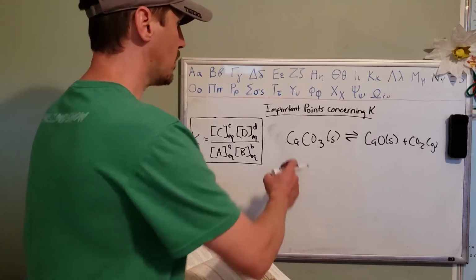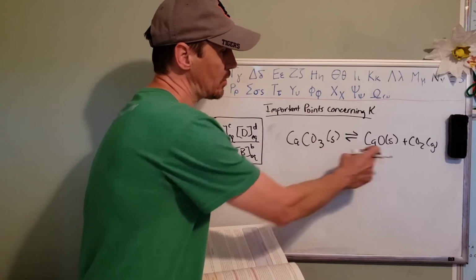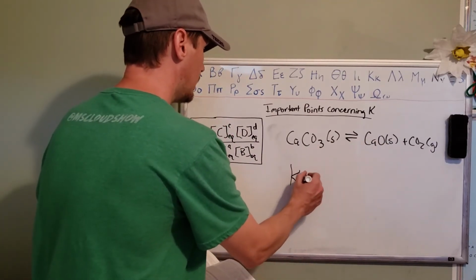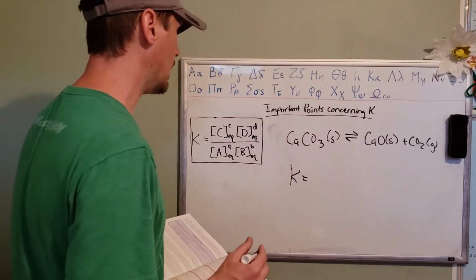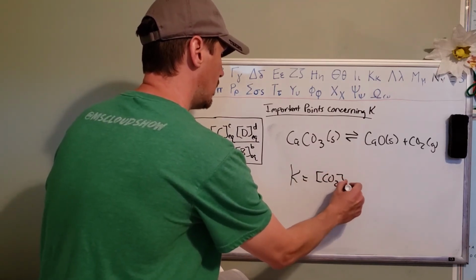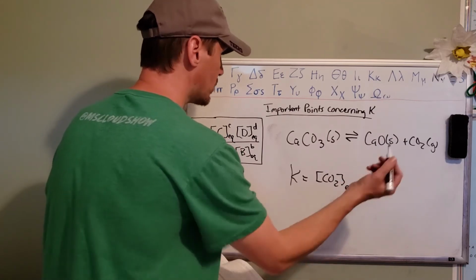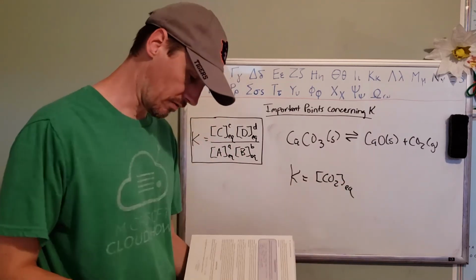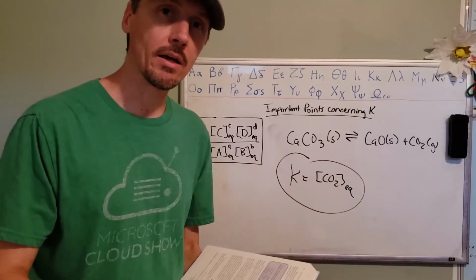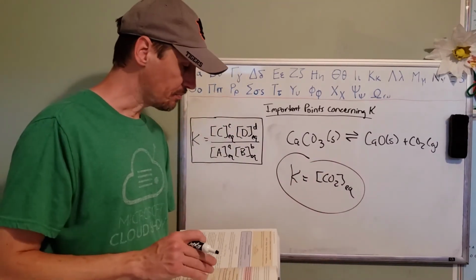So neither this reactant nor this product are going to be included. All we have to take into account is the concentration of CO2 at equilibrium raised to the power of 1, because that's the coefficient in front of it. So that's it, right? That's the equation for K for that particular reaction.